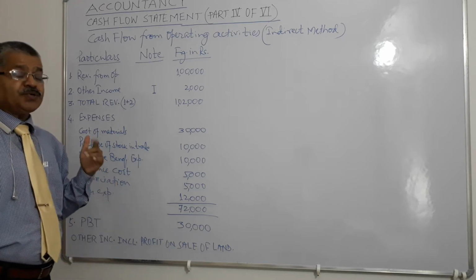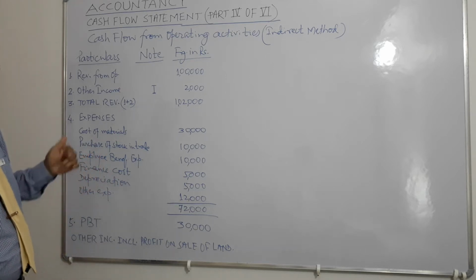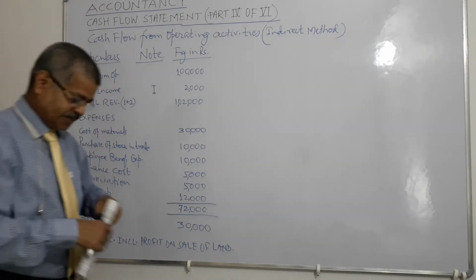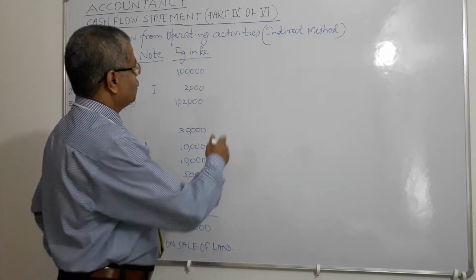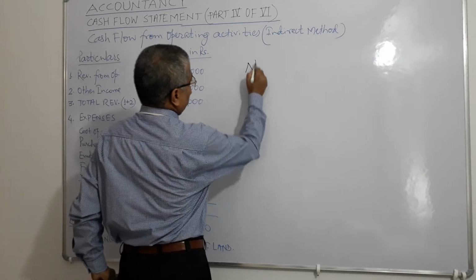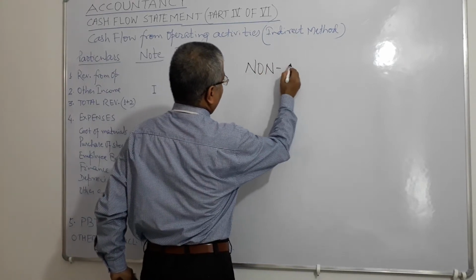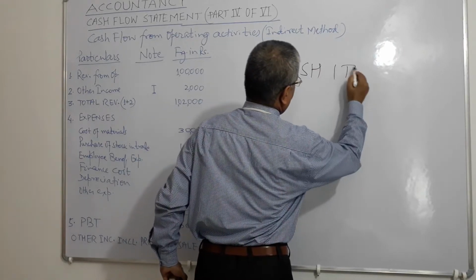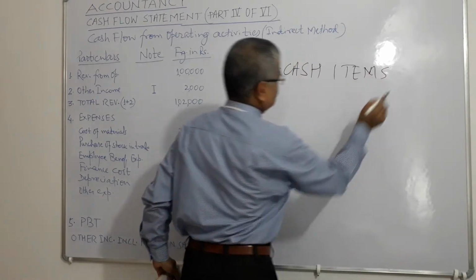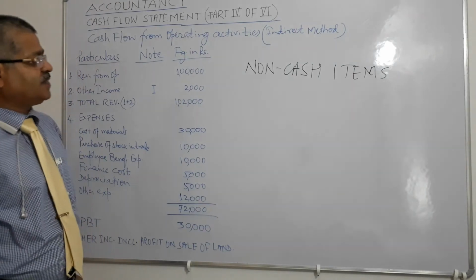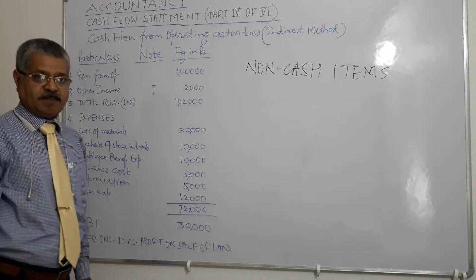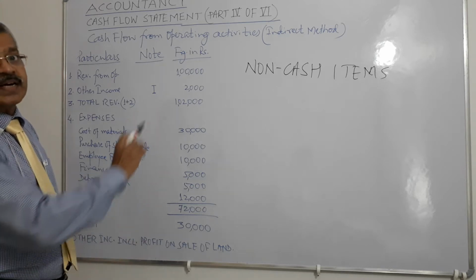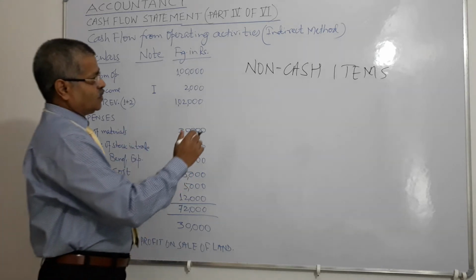So what do we need to do? Here two things we need to take care of. First, whatever non-cash items are there, suppose a non-cash item is there, an expense item. We don't consider that, right?